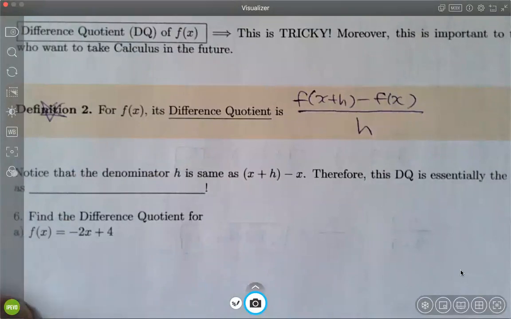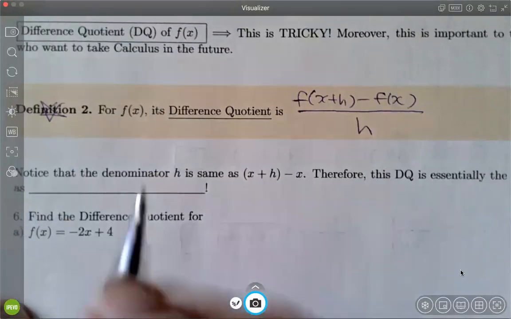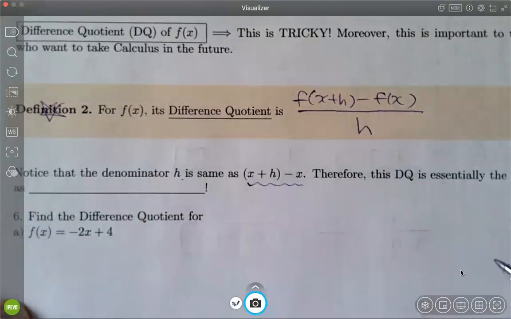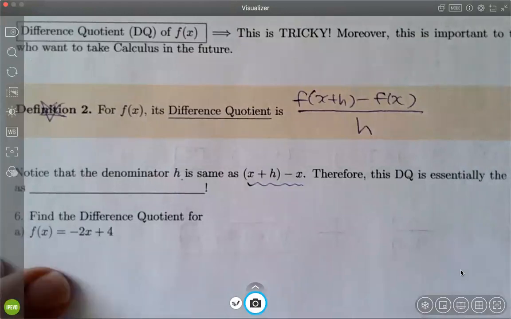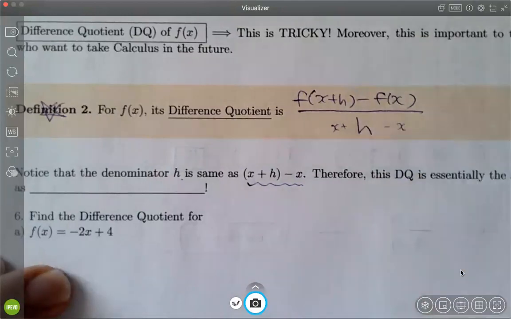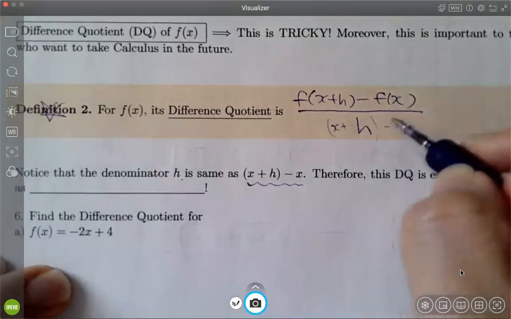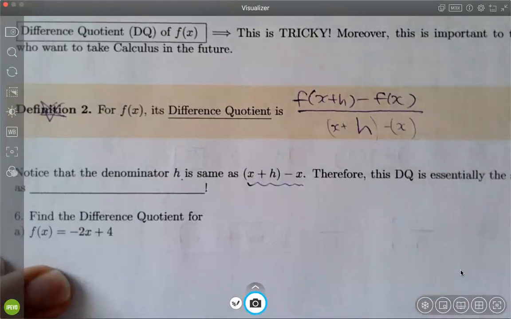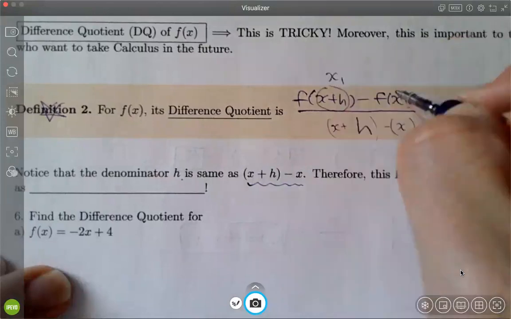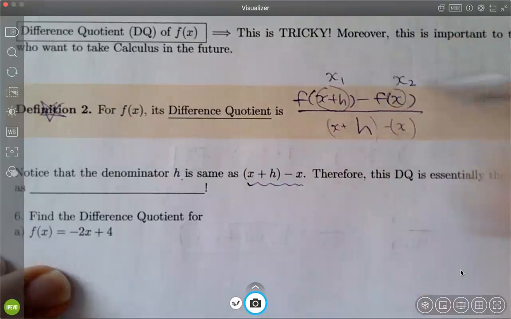So now, notice that the denominator h is the same thing as x plus h minus x. Okay, so now what does that mean? We can write x plus h minus x like this. Okay, and now let me put parentheses like this. Let me call it x1 for x plus h and x2 for x. So what do you see?